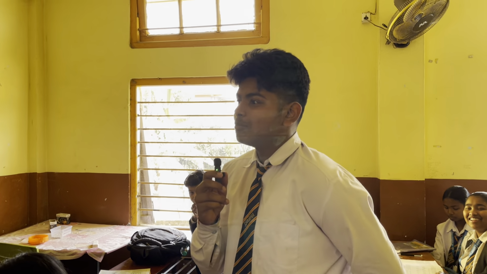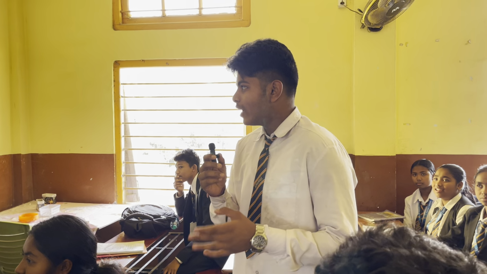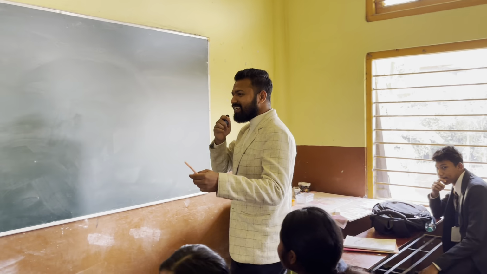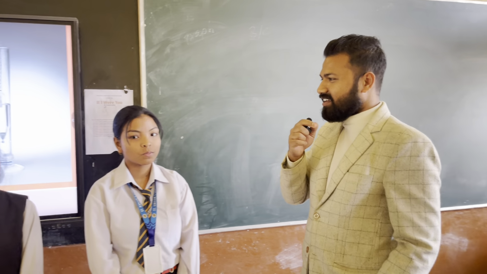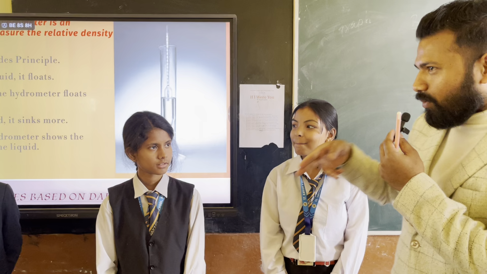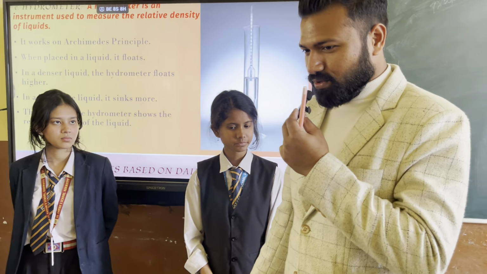Why, when a bullet is shot into water, does it stop soon? Why does the velocity get slower? When you shoot any bullet into a water body, right? The speed reduces or it stops very soon. Why?